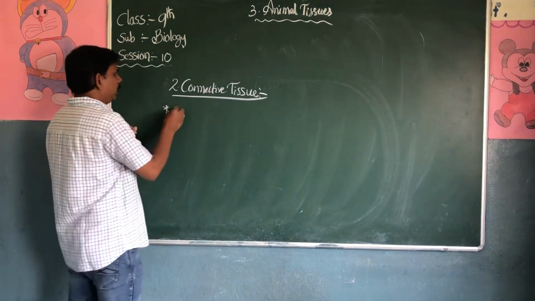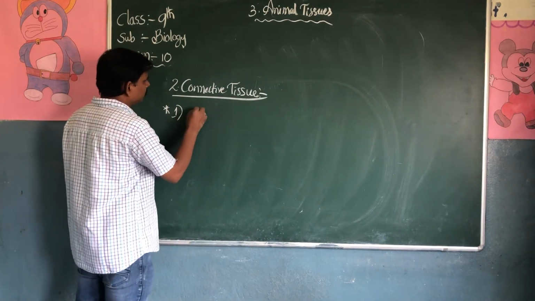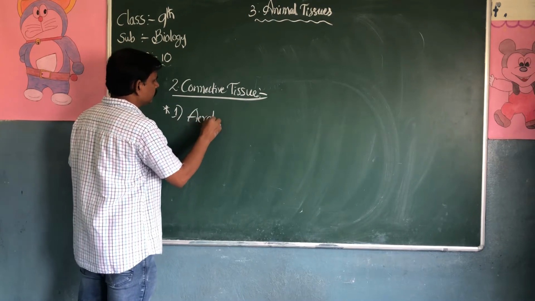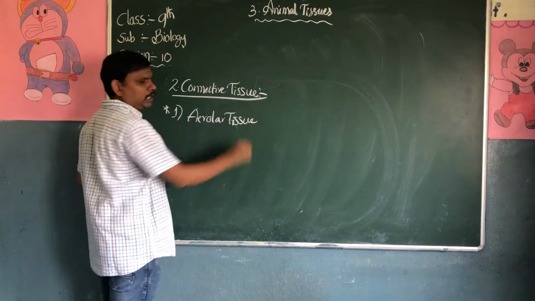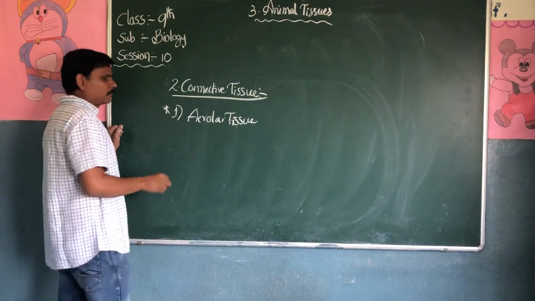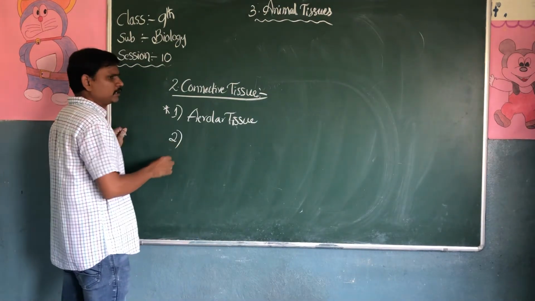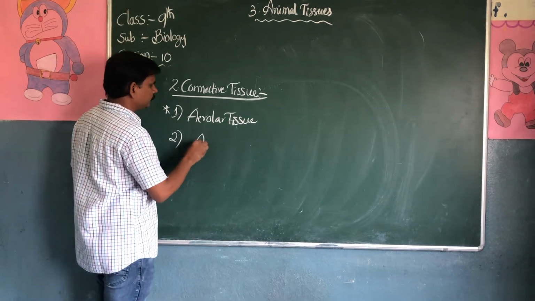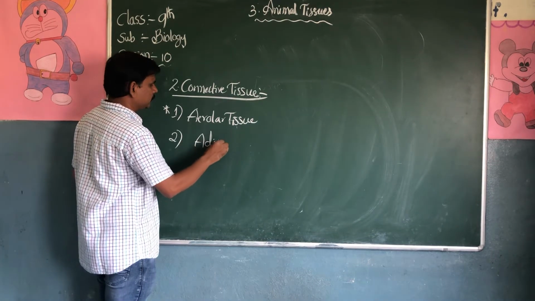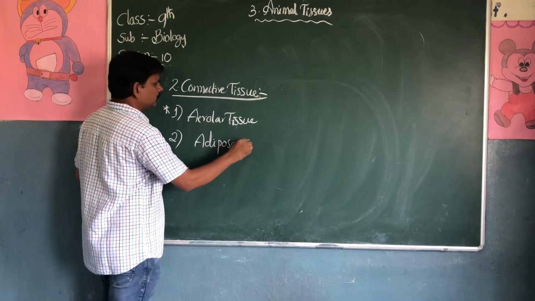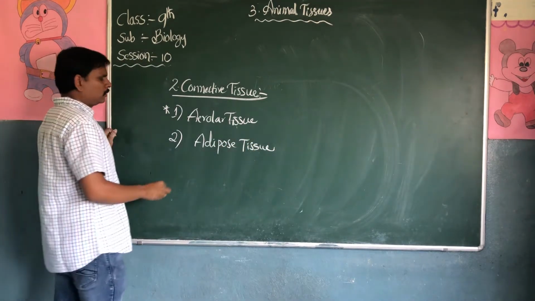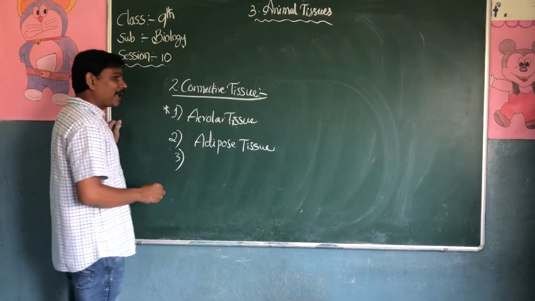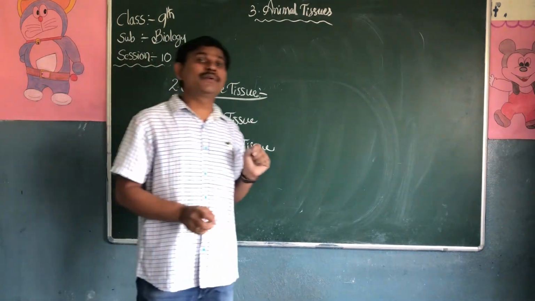First one is areolar tissue. The second one is adipose tissue. Blood is also one type of connective tissue.